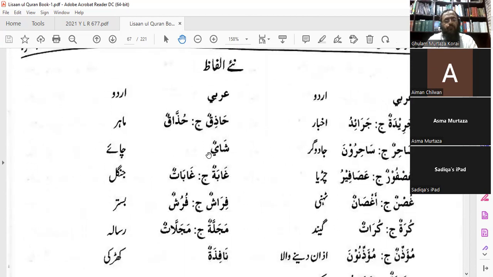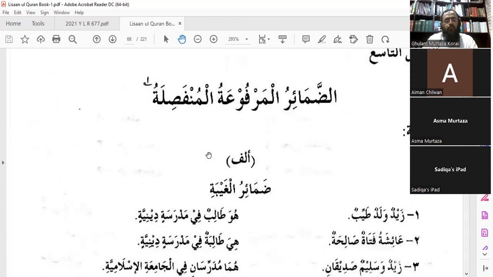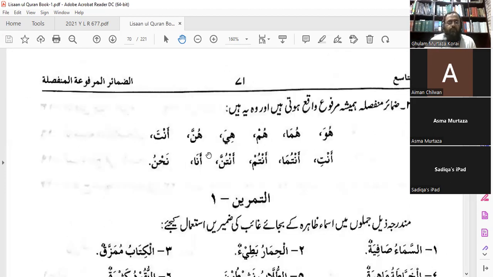There's a couple of words in exercise 1 that I don't understand. Wisadatun. What does that mean? Okay, coming back to that.